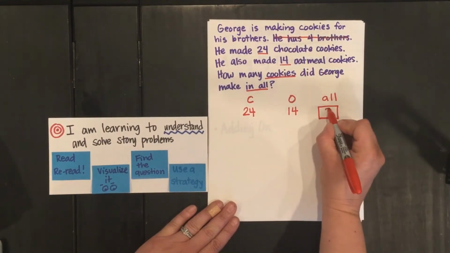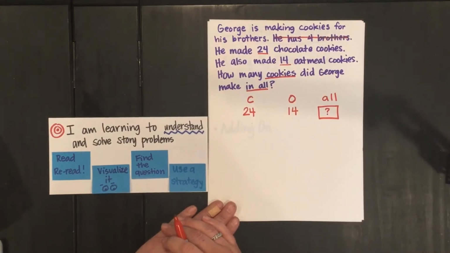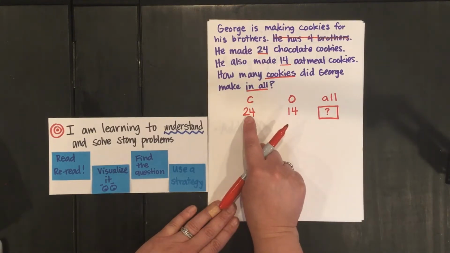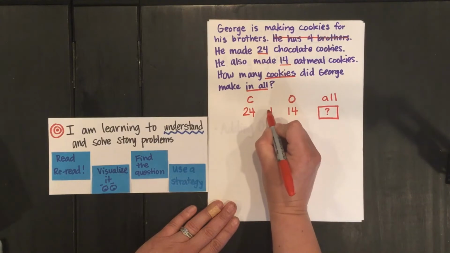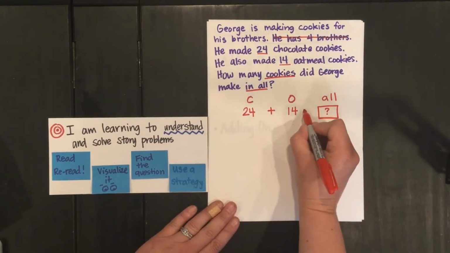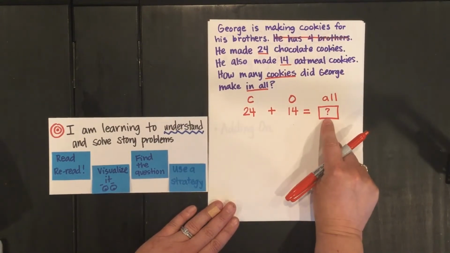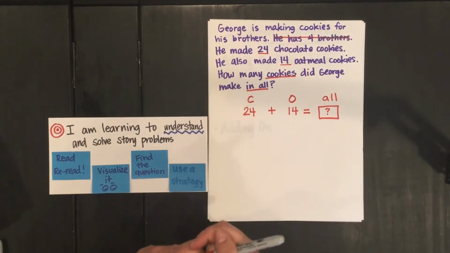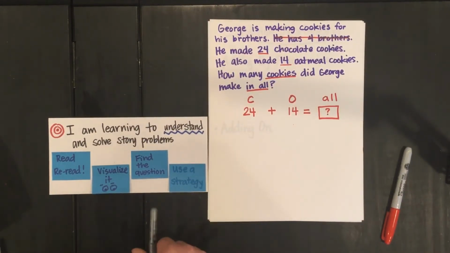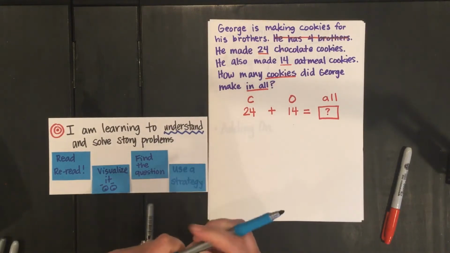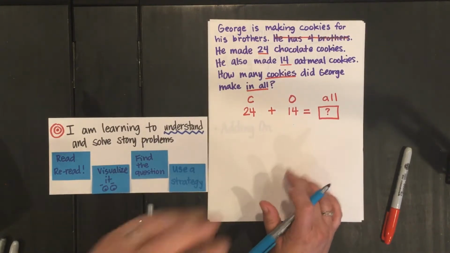So now I have to think about, what would the equation be that would help me to solve this story? Well, if I put the chocolate cookies and the oatmeal cookies together by using addition, that will give me the total number of cookies. Another thing that will be helpful when I think about my strategy is to think about our place value picture that we know how to draw.